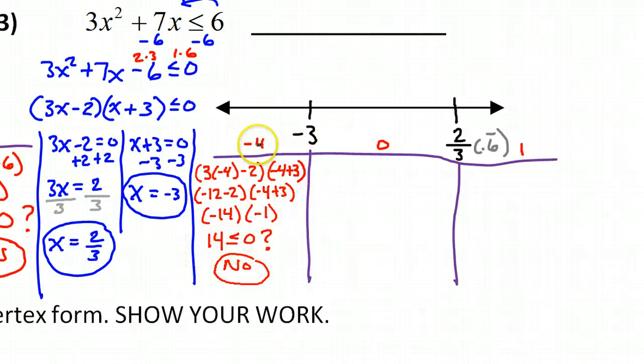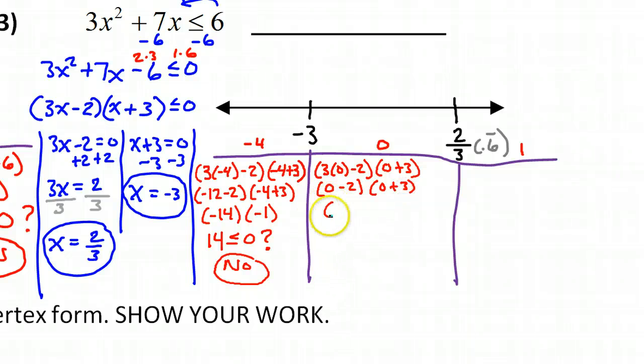Now what about 0? If I do 0, then I'm going to have 3 times 0 minus 2, and then 0 plus 3. Alright, 3 times 0 is just 0, minus 2, times 0 plus 3. So that's just -2 times 3, which is -6.